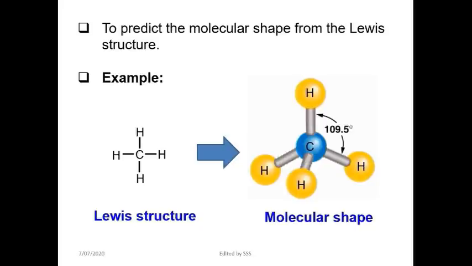And when there are 4 electron pairs, we produce a molecular shape known as tetrahedral with bond angle 109.5 degrees.